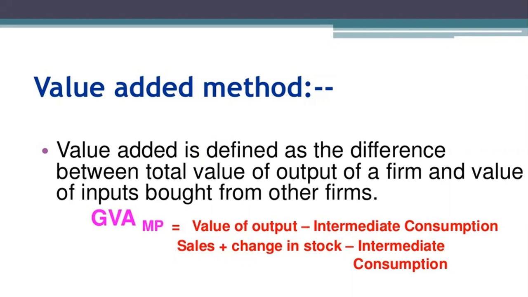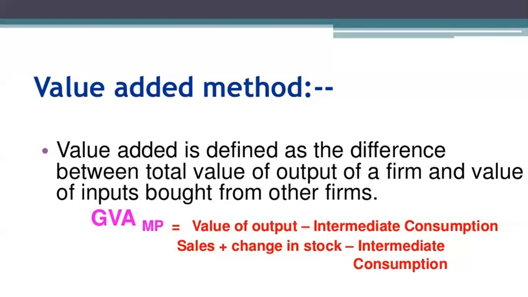Actually, the concept of the value added method is that the value added refers to the addition of value to the raw material or intermediate goods. Maybe for someone it is a finished good, but for you it is a raw material. So it is the addition to intermediate goods by a firm by virtue of its productive activities.